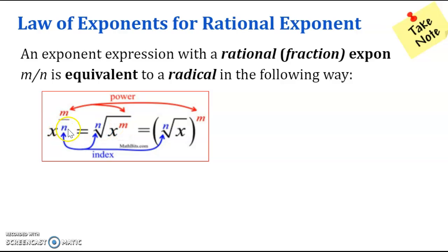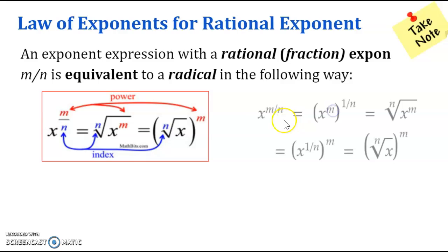The denominator power, the n, is what is being applied as root, nth root. So you can represent it this way, or you can represent it as nth root of x, all raised to the power of m. It does not matter. They both are the same thing. And depending on the application, you might have different use for it.